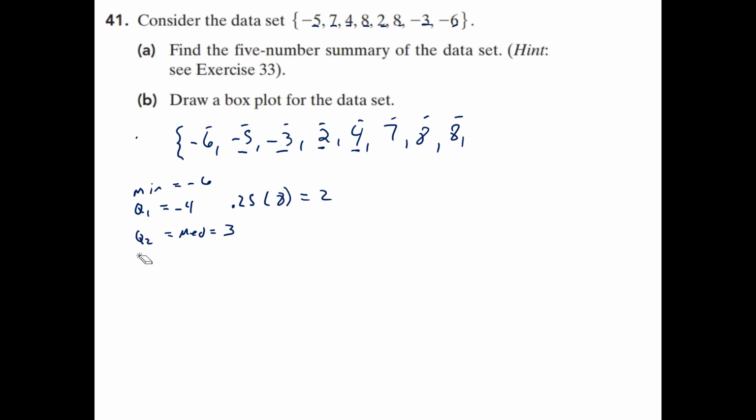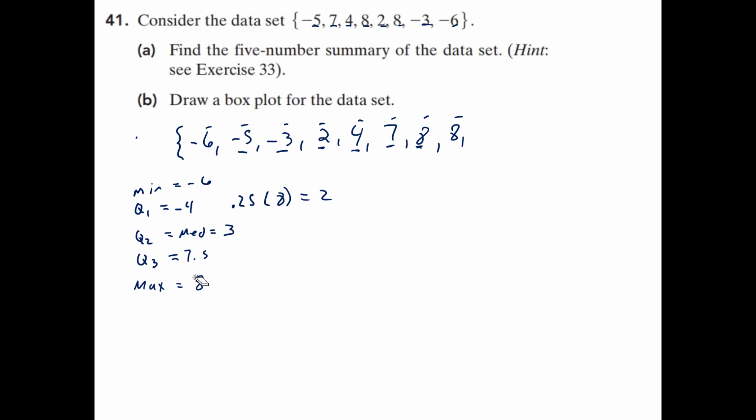Your Q3 is your 75th percentile, so 3/4 of 8 is 6. But since that's a whole number, 1, 2, 3, 4, 5, 6, then you're going to average the 7 and the 8, which is 7.5. Right in the middle of those is 7.5. And then your max is 8.